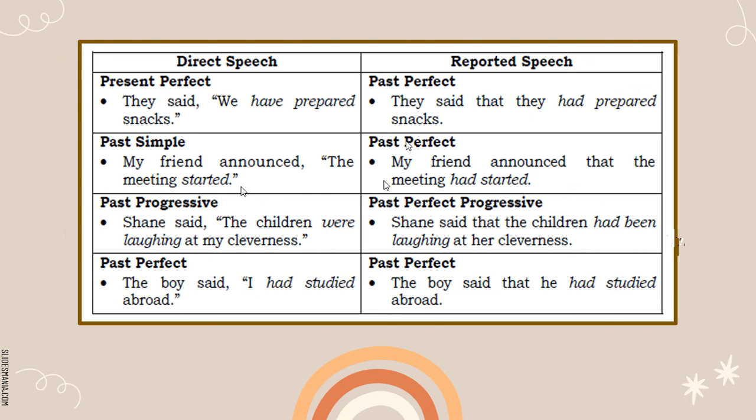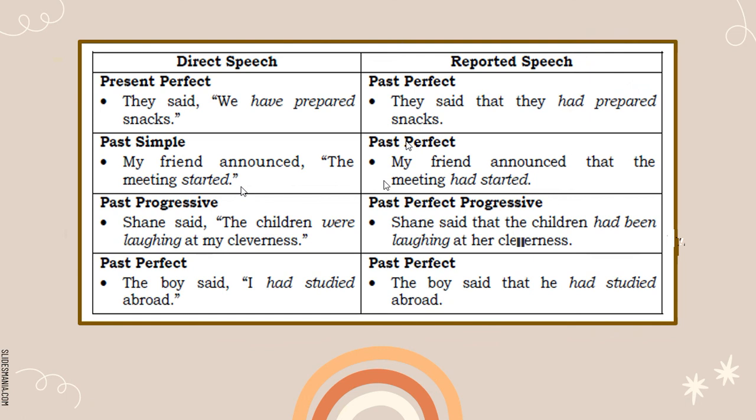Note, the use of the word that is optional in reported speech. So whether you use that or not, it will not affect your sentence. For example, the student said that he had gained weight. If you remove the word that: the student said he had gained weight. There is no major change in your sentence. Still the same.